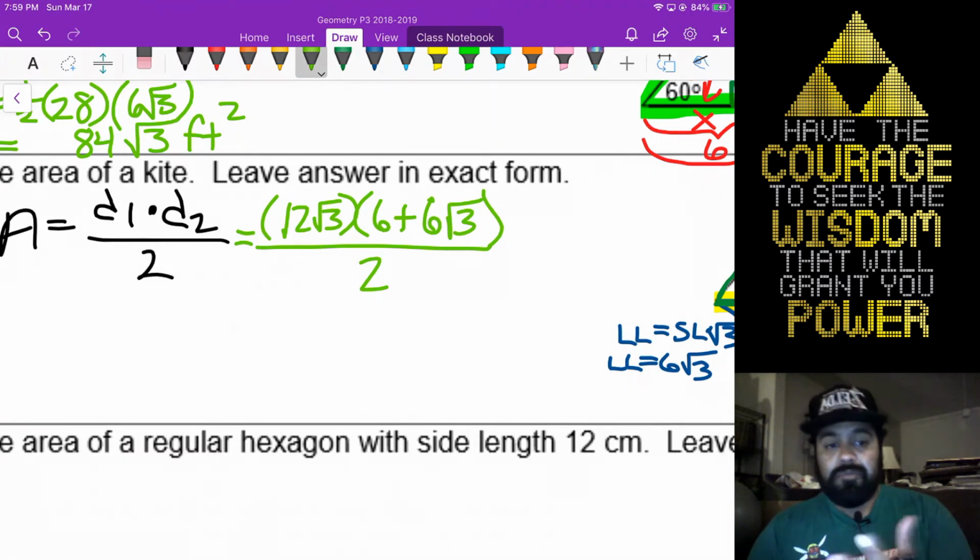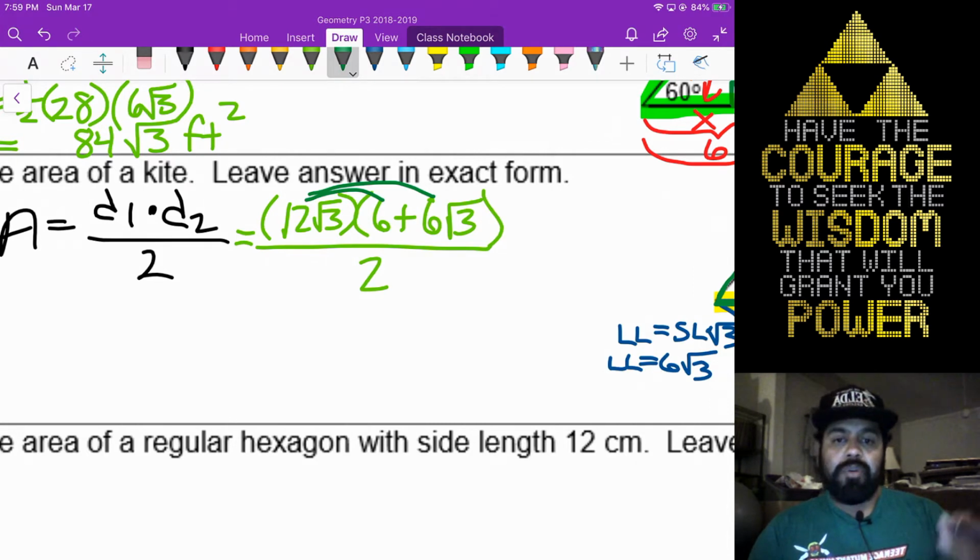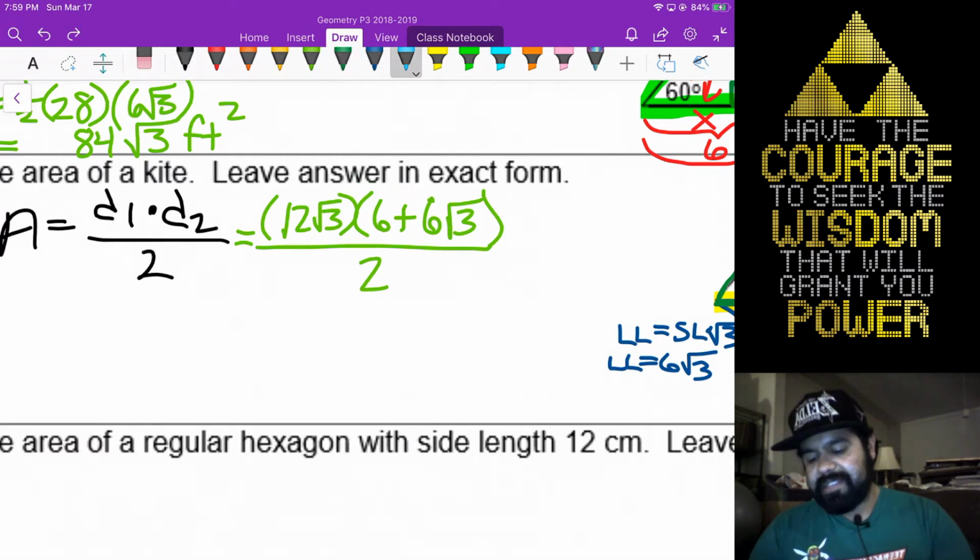You could do this a couple ways. There are actually 3 distinct ways I can think of right now. You can distribute this into both terms, simplify them, then divide by 2. Or you can take that 2, you can simplify either grouping. Let's say I want to do 2 divided by 12.